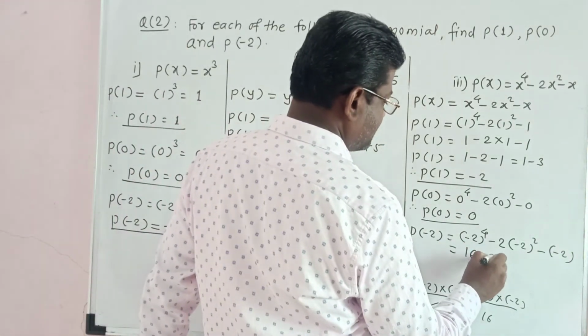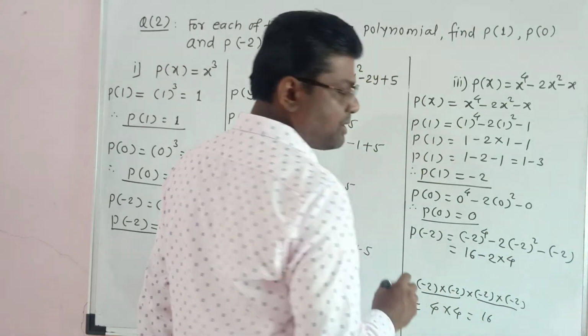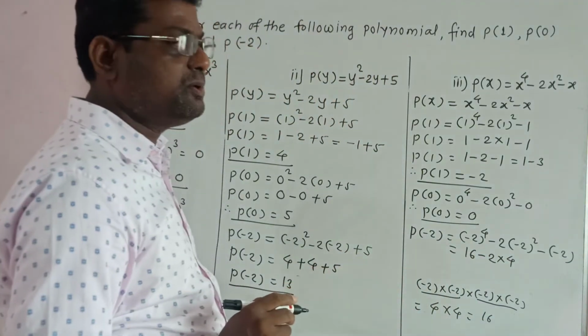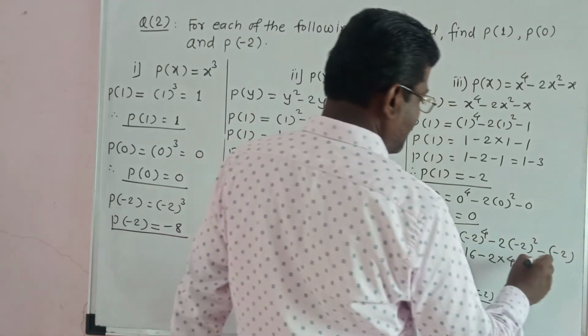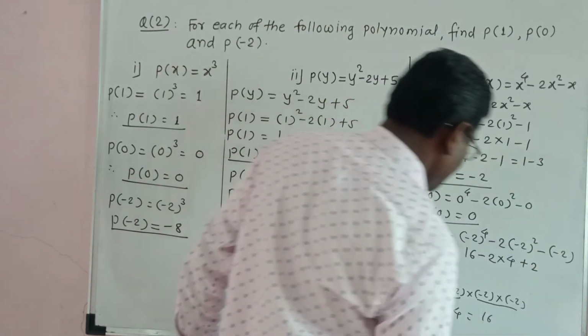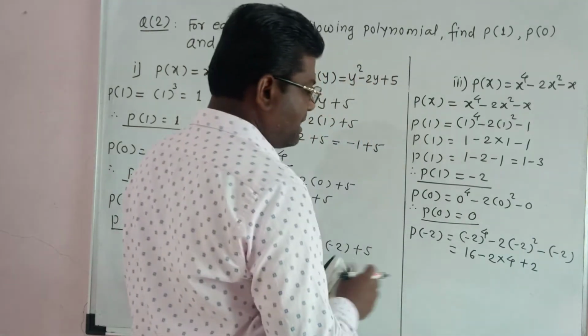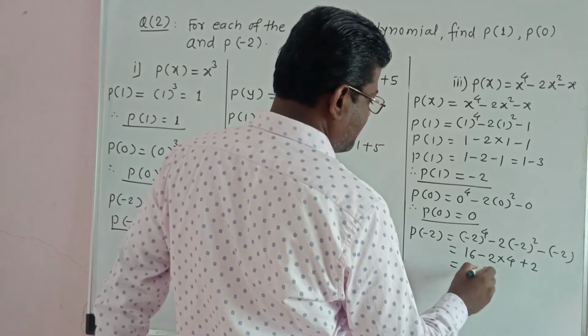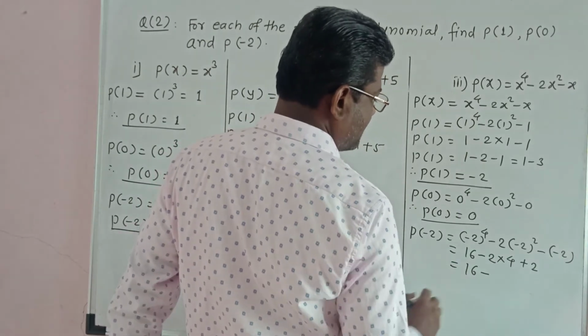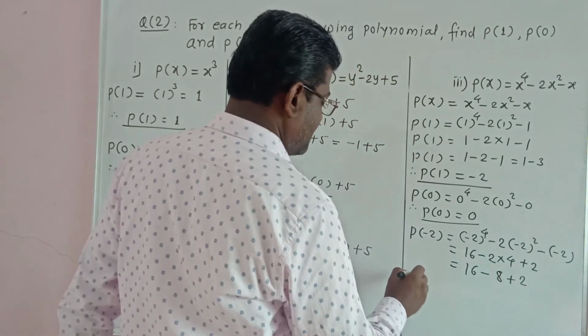Now minus 2 into this minus 2 square will be plus 4. So minus 2 into 4 is minus 8. Now minus minus will be plus 2. Therefore 16 minus 8 plus 2.